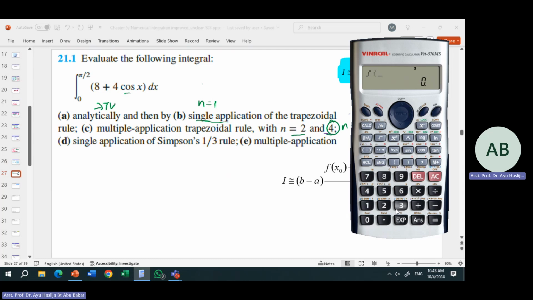Then integrate, key in the function, cos x, comma, 0, key in the range, pi over 2. You get the same, 16.